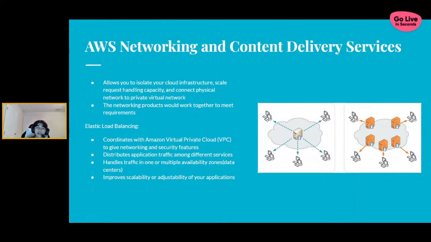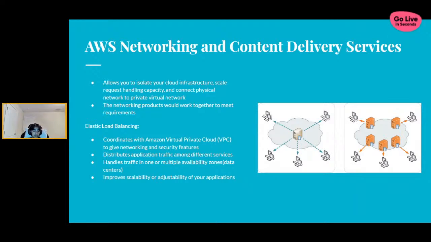AWS Networking and Content Delivery Services. These allow you to isolate your cloud infrastructure, scale request handling capacity, and also connect physical network to the private virtual network. The networking products would work together in order to meet the appropriate requirements.